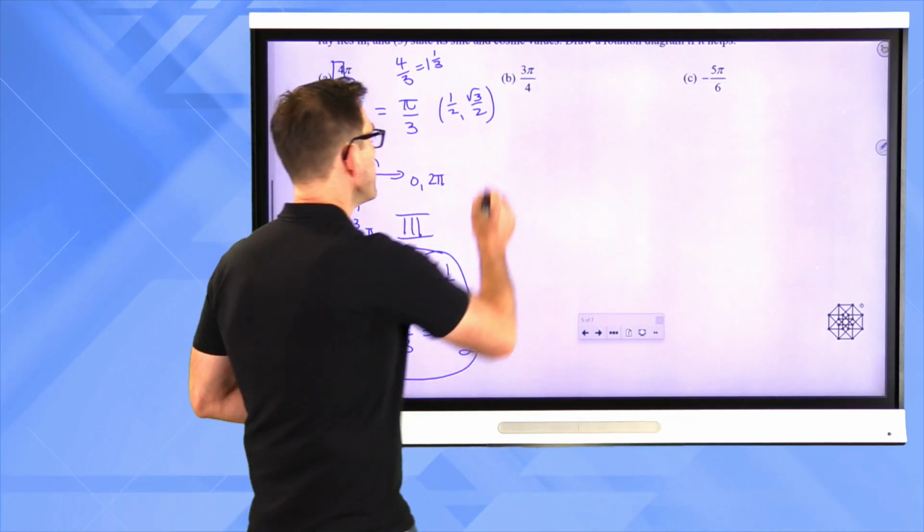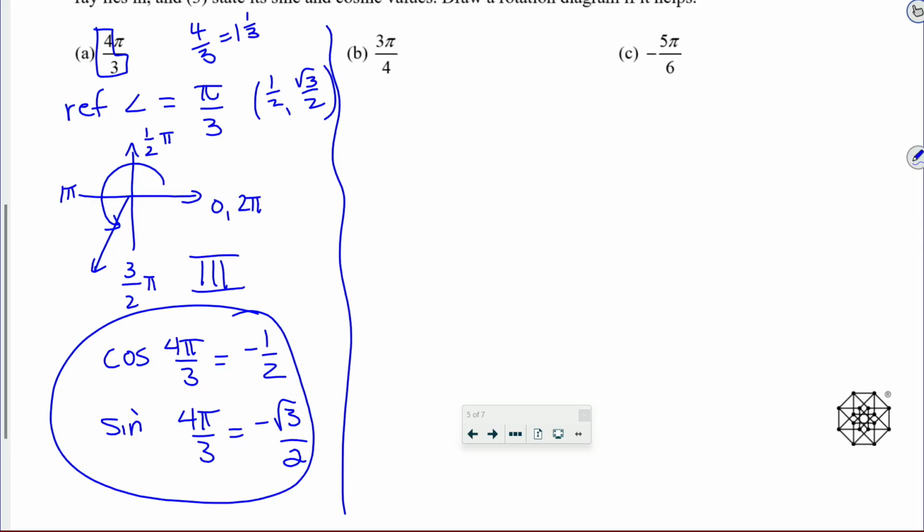Okay, well, again, the reference angle is the easiest part, right? The reference angle in this case is pi over 4. The reference angle will always be that for these radian measures, which is a reason to kind of like radians, right? Now, when I think about pi over 4, its coordinate pair is root 2 over 2, root 2 over 2.